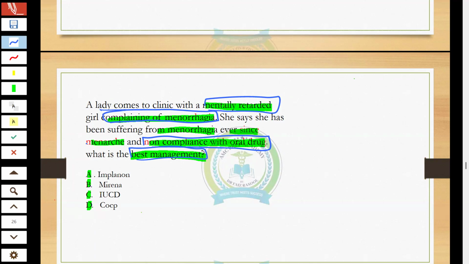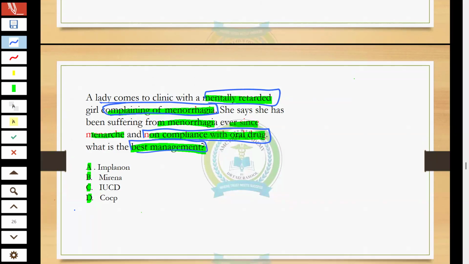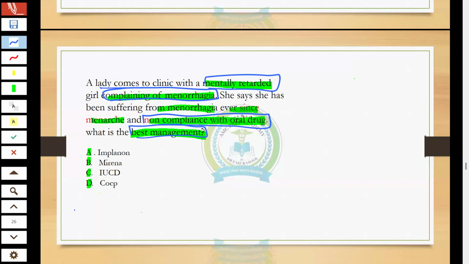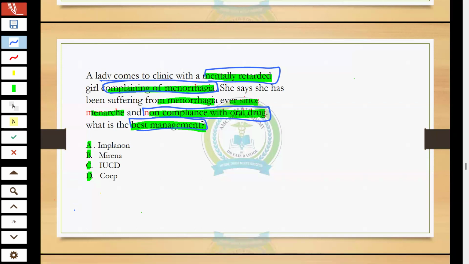All with B, right? Majority with B option. Should we move to answer?